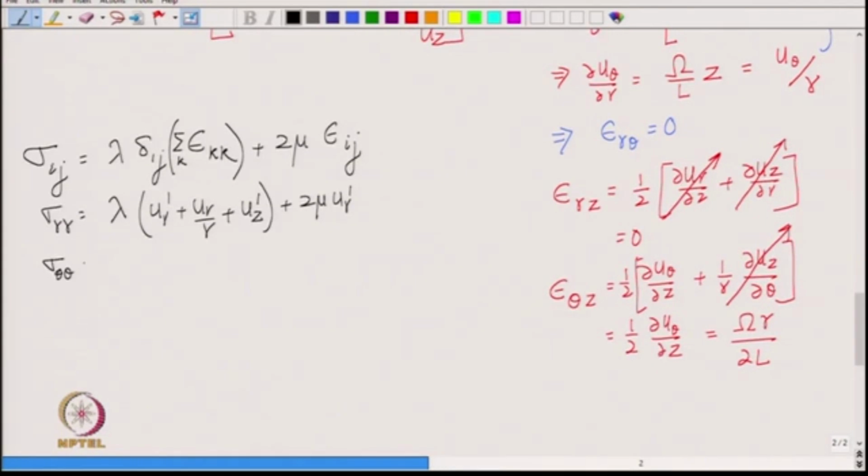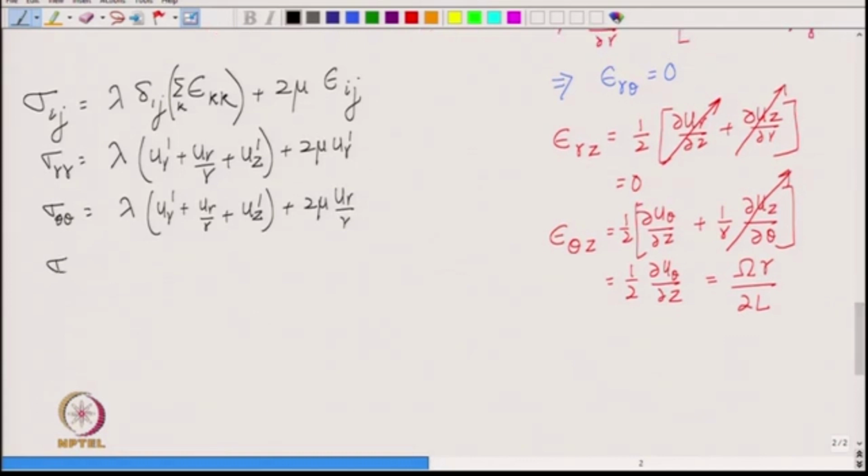Likewise, sigma theta theta is lambda times u r prime plus u r by r plus u z prime plus 2 mu epsilon theta theta, which is u r over r.